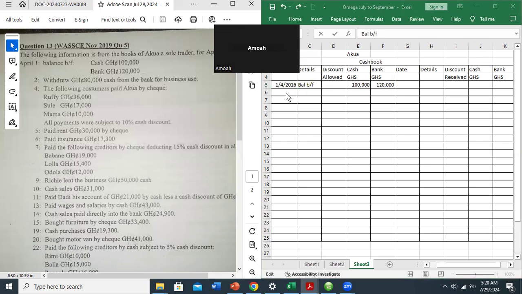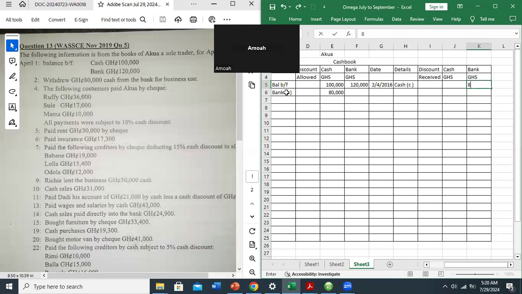So we are going to debit cash, 2nd April 2016, bank with contra, 80,000. And then on that same date, we credit bank, in the name of cash contra, 80,000.